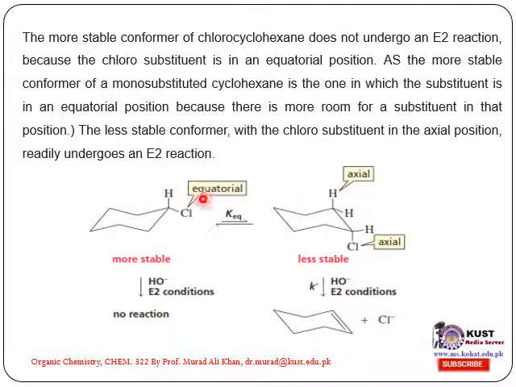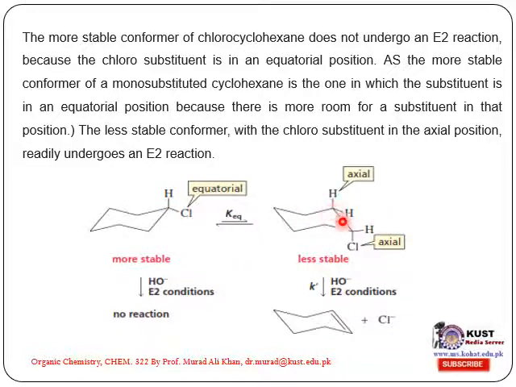As we have studied on the previous slide, the two groups should be antiperiplanar, and if the two groups are antiperiplanar, they must be axial. But the more stable position for the mono-substitution is not axial but equatorial, so elimination from the most stable conformer is not possible.